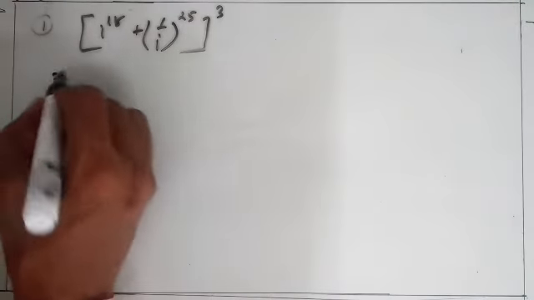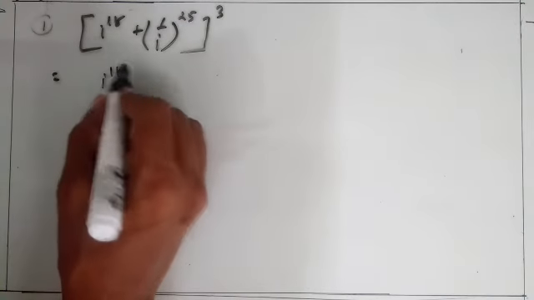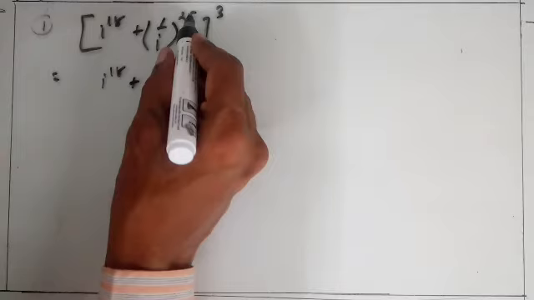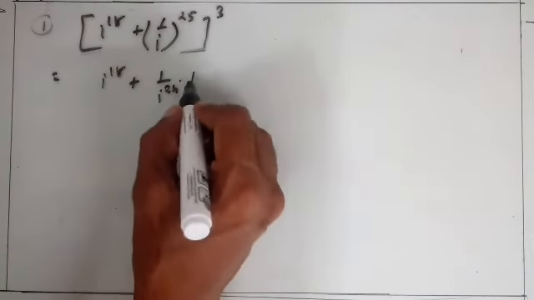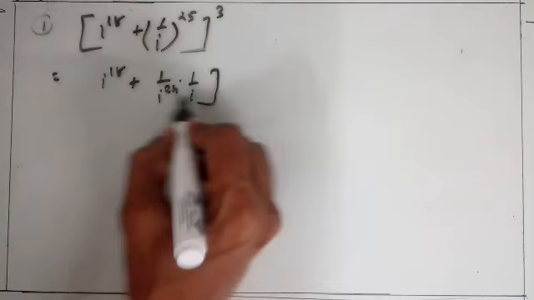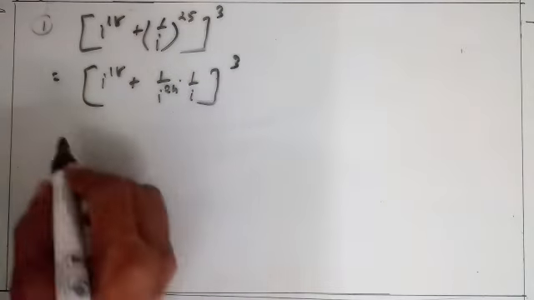So it is equal to i raised to 18 plus 1 upon, change into even power form, i raised to 24 into 1 upon i raised to 3. Clear this?